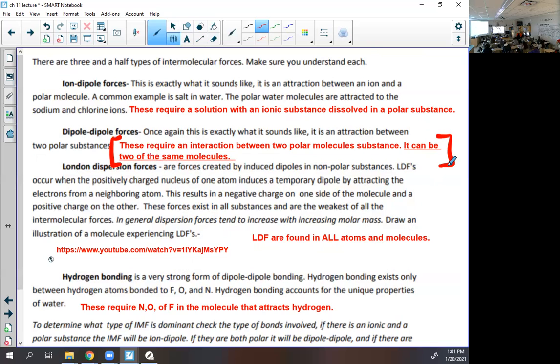This results in a negative charge on one side of the molecule and a positive charge on the other. These forces exist in all substances and are the weakest of all the intermolecular forces. In general, dispersion forces tend to increase with increasing molar mass.